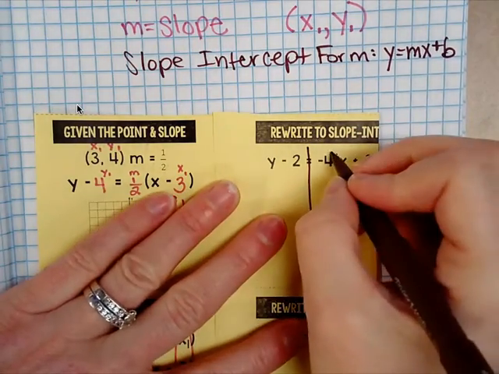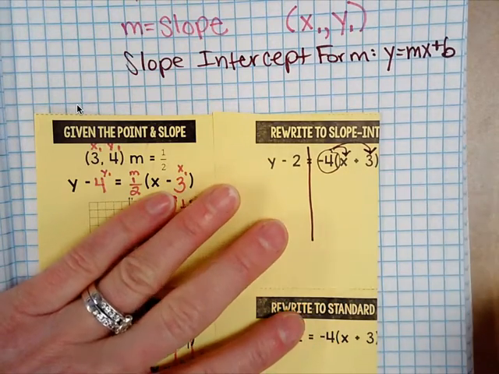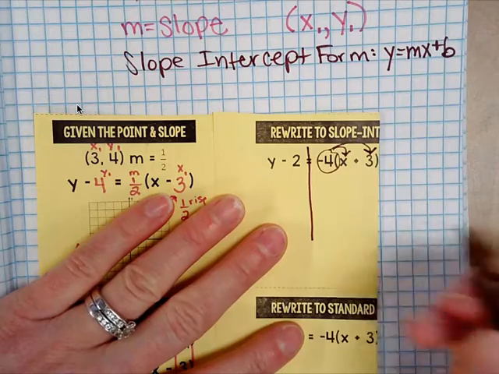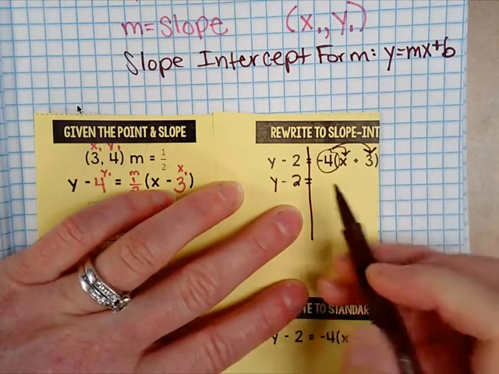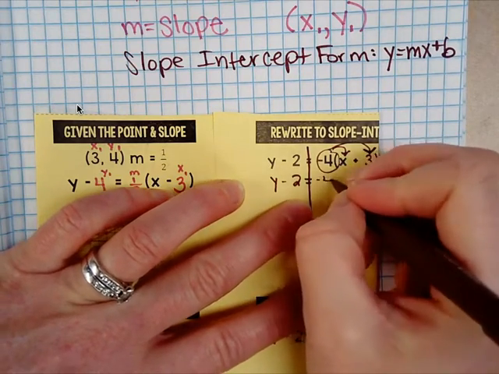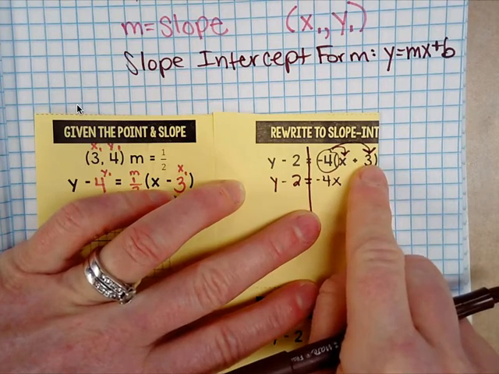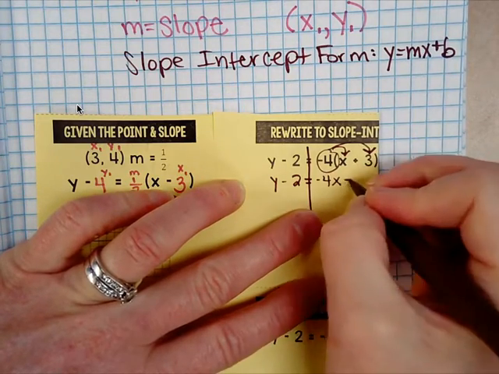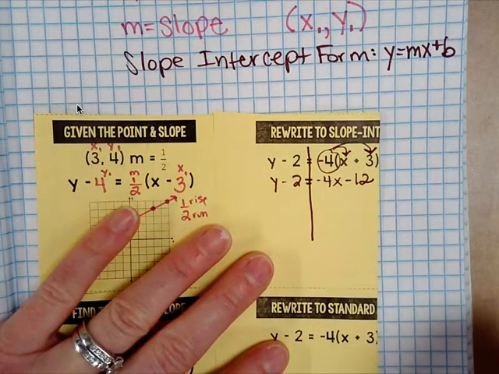Distribute first. So let's take this negative 4, distribute it inside. So we have y minus 2 equals negative 4 times x, negative 4x, and then negative 4 times a positive 3, negative 12. So we're almost there.